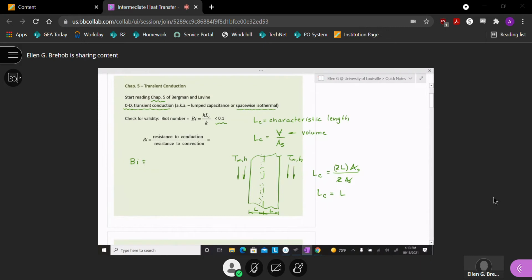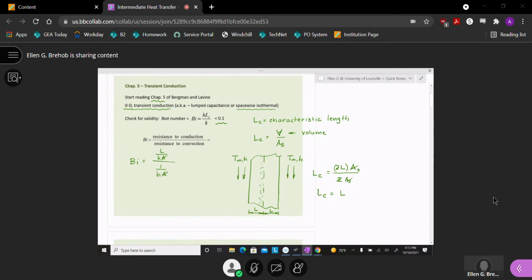Okay, but we're thinking of this Biot number as a ratio of resistance to conduction, and because we want this to be a small number, we want resistance to convection to be relatively large. And if you think about where this Biot number comes from, resistance to conduction is L over kA if we think about the wall, and resistance to convection is 1 over hA.